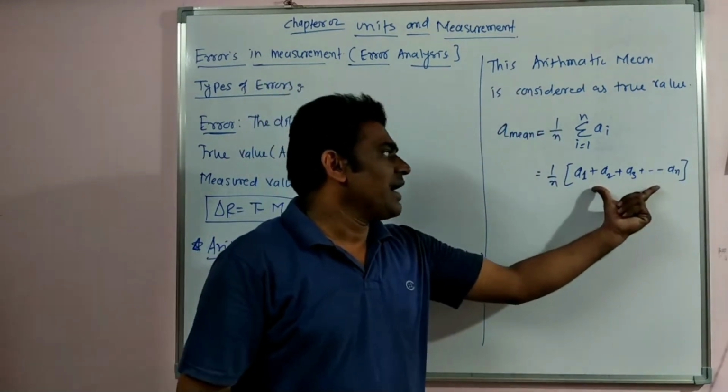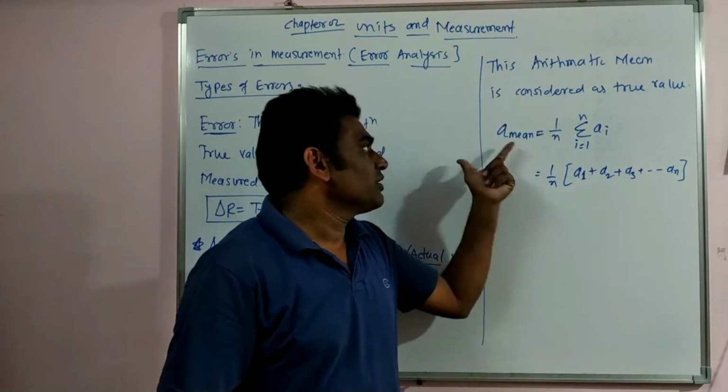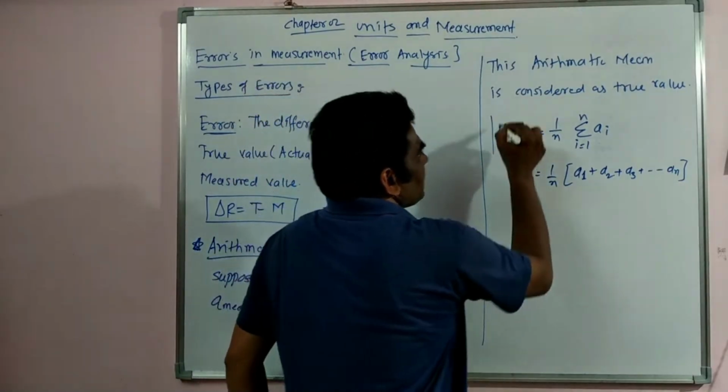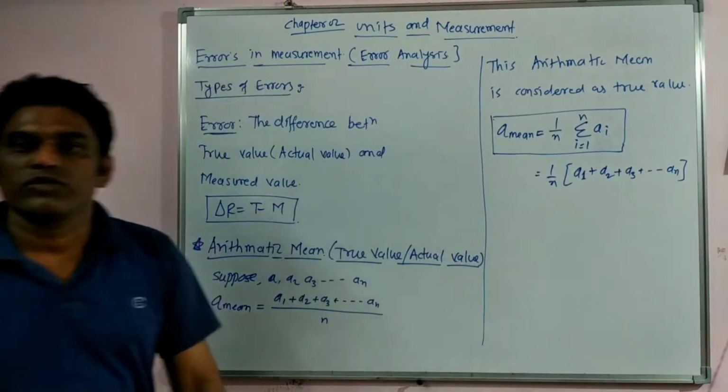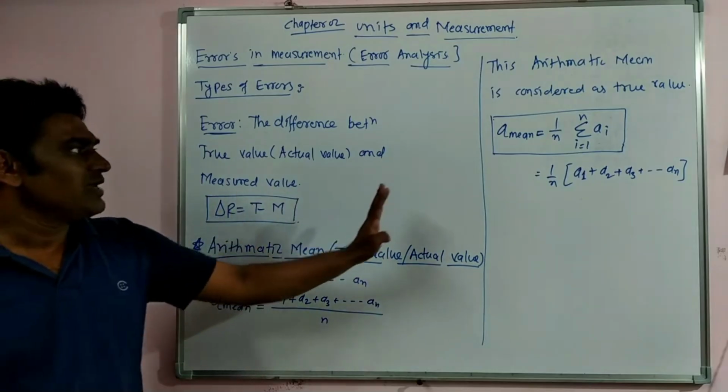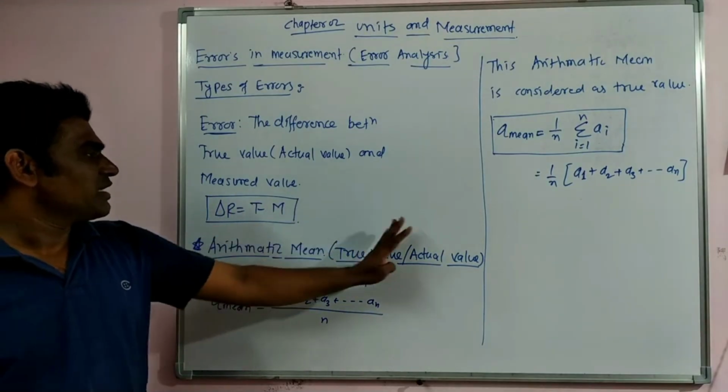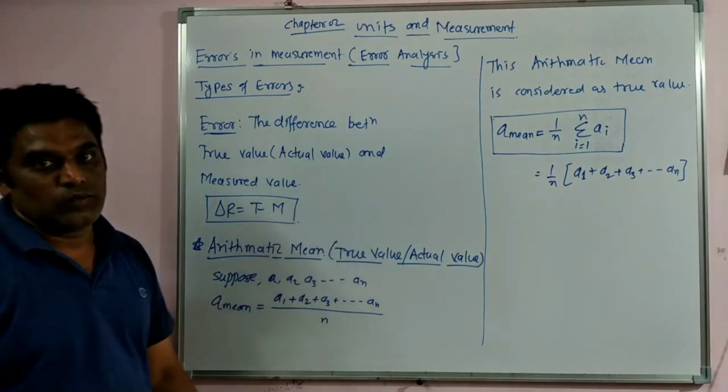So in this way, addition of all these divided by n, you will get A mean. So in this way also, this can be described. Got it? And this arithmetic mean is considered as a true value.